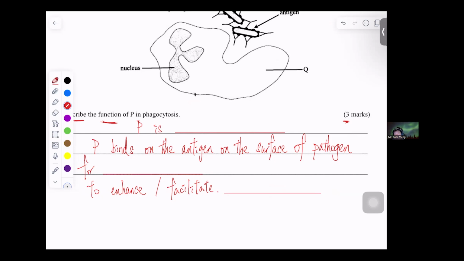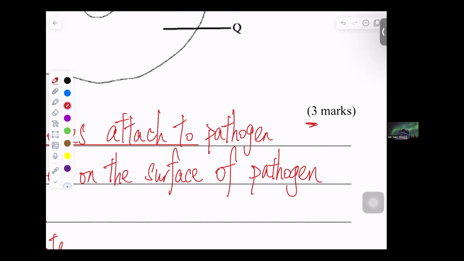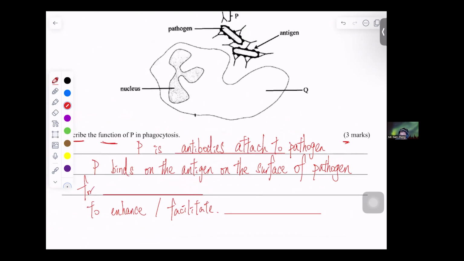Okay, so I think most of you should already have completed it. Now let us see whether you can get these keywords. First of all, P represents antibodies. And these antibodies are used to attach or bind to the pathogen.